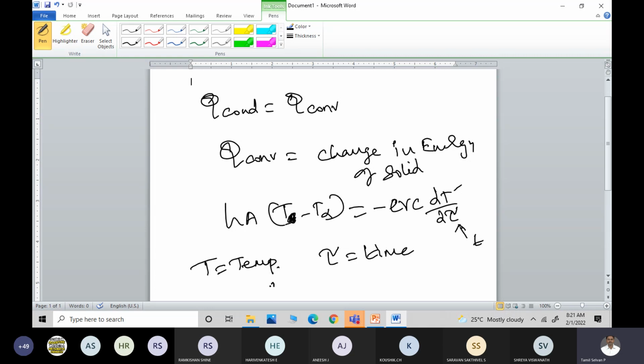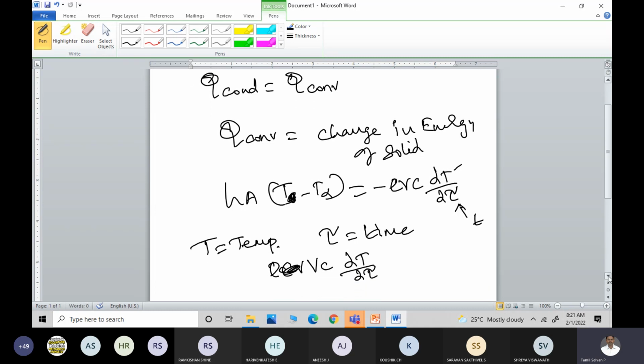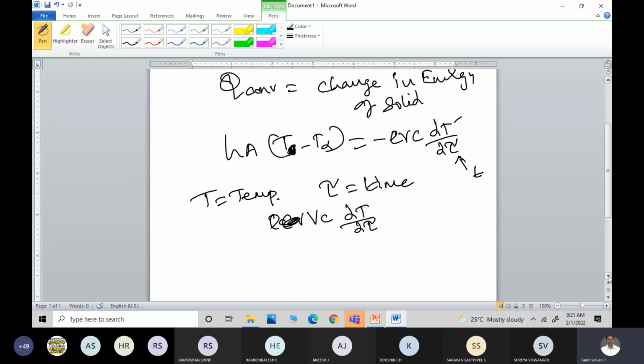Actually, this rho V C dT by d tau, or partial T by partial tau, is nothing but mass times specific heat times dT by d tau.